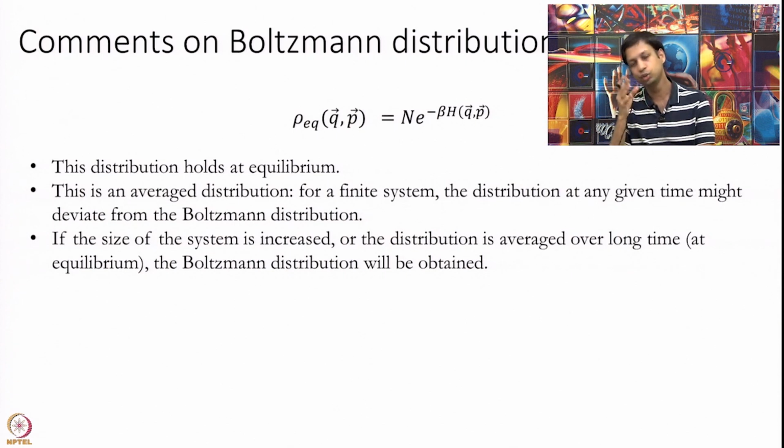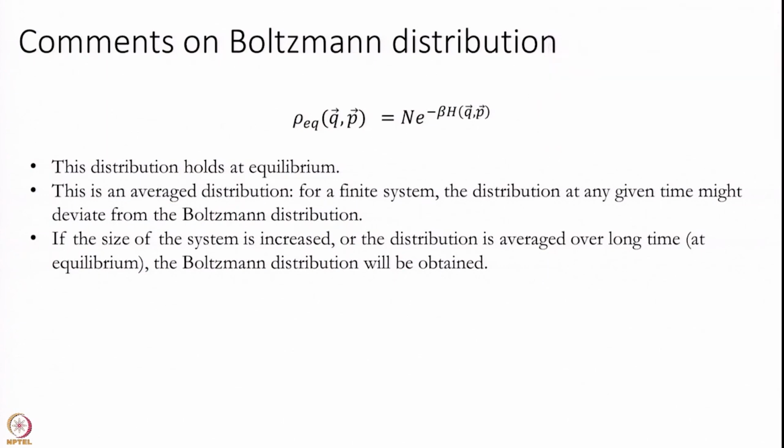Another somewhat confusing point that might appear to you, this rho is a statistical answer, it is a highly averaged answer. What I mean by that? Suppose I take a small system, I take a box with 1000 gas particles in it and I find the distribution of q and p at a given instant of time.